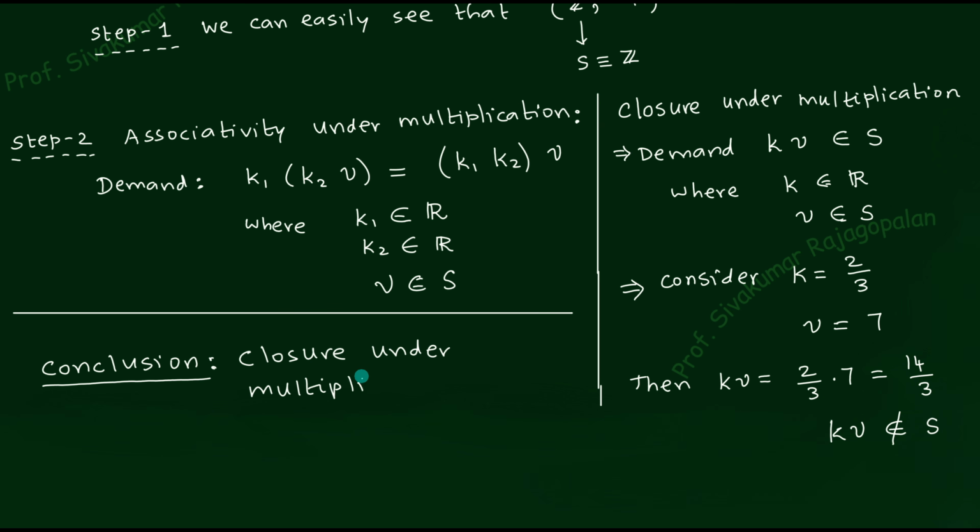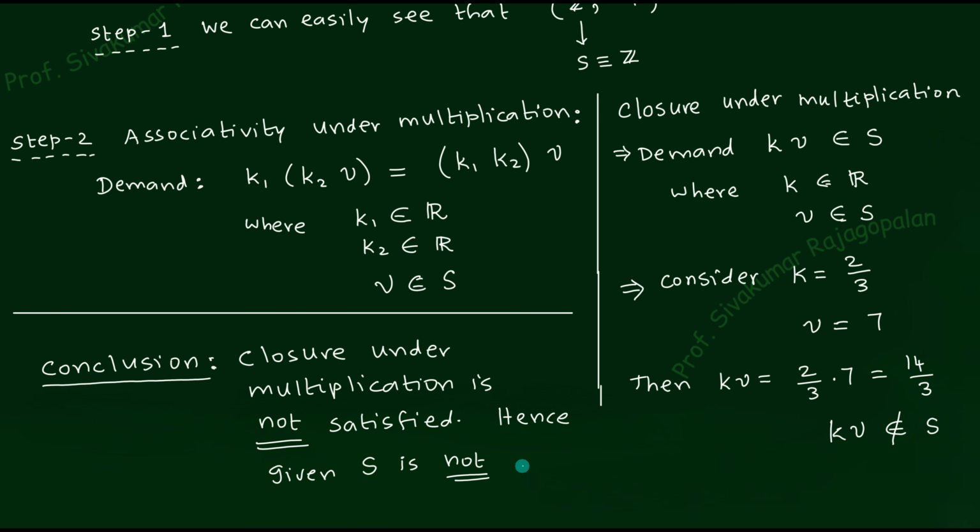Now you understand that associativity we did not check, of course. Even though we have written it, we did not check, because we already got the result. One property has failed, so there is nothing more to do. So we can quickly write down the conclusion that the given set is not a vector space, of course under the given field.